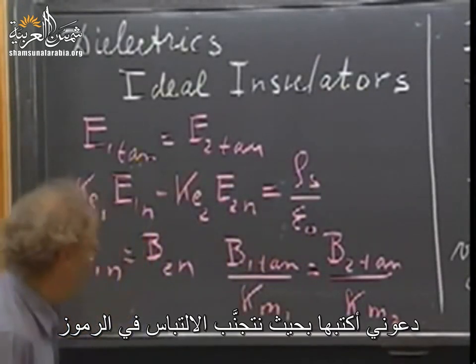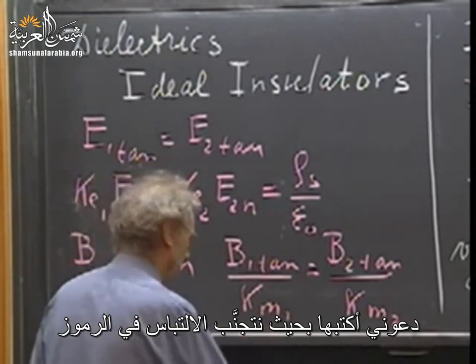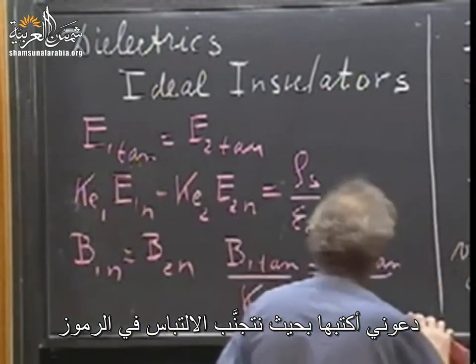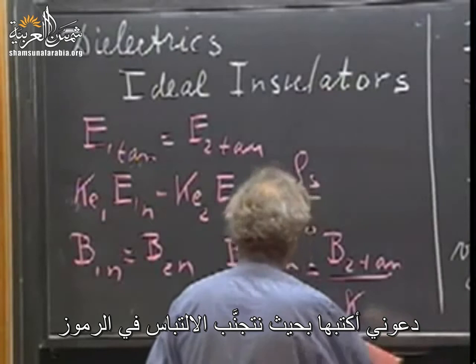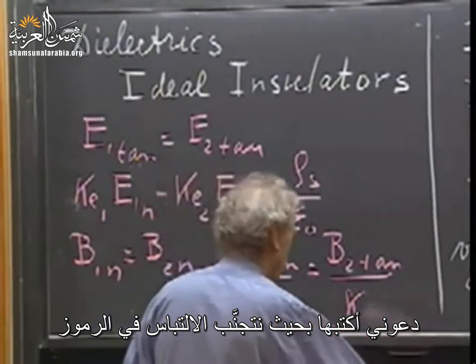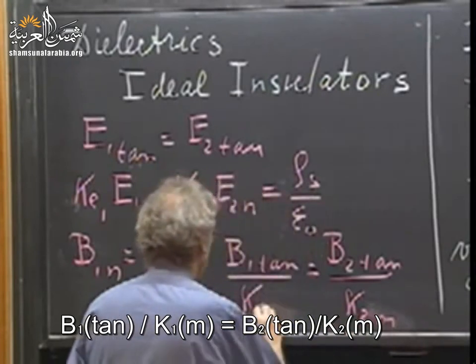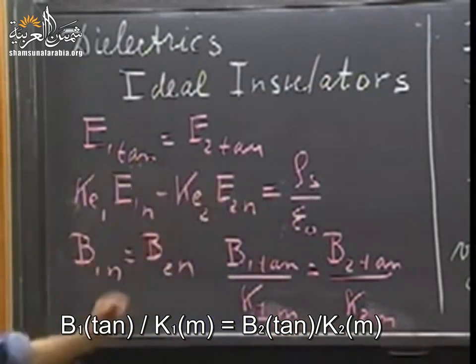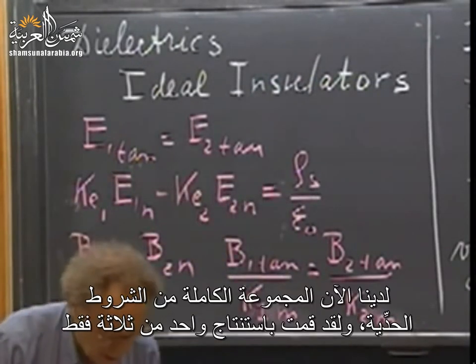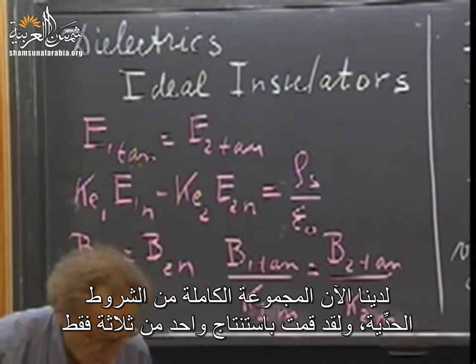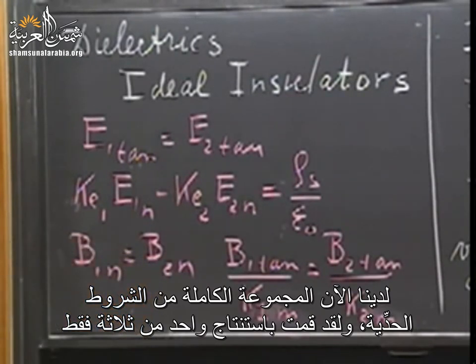Let me use a more consistent notation: this is the 2, and this is the M, and this is the 1, and this is the N. That's the notation I have there too. So now you have the complete set of boundary conditions, and I have only done 1 out of 3.